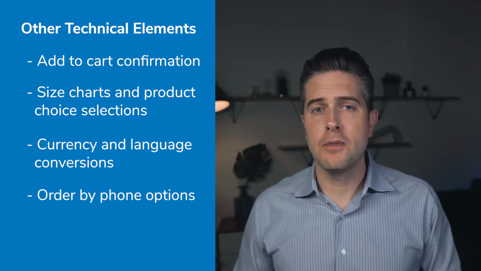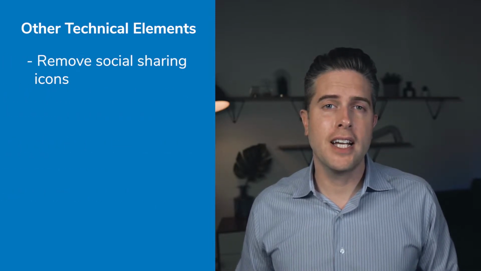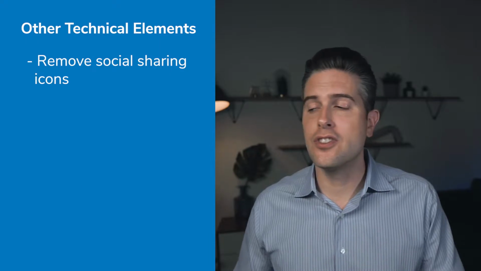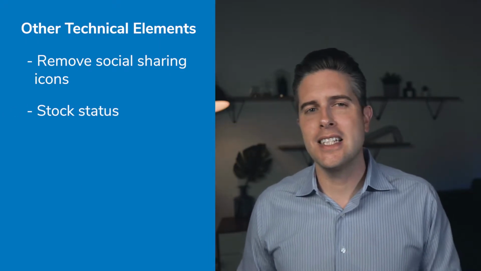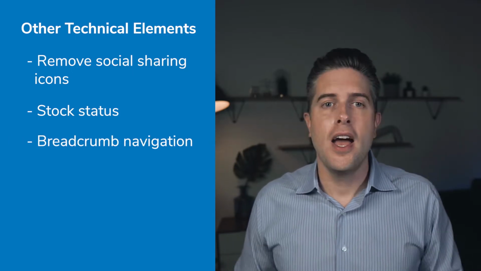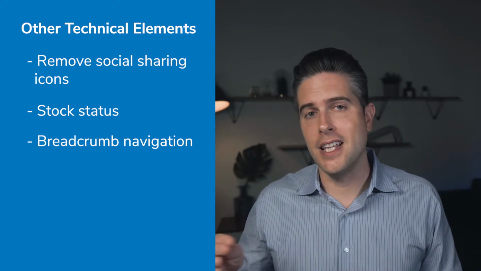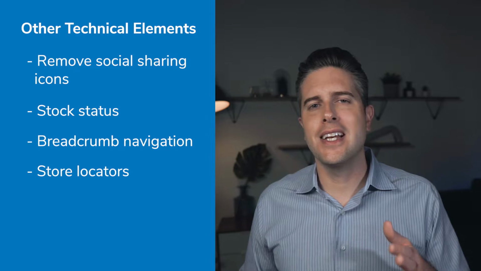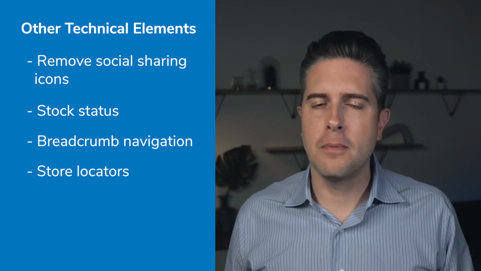Order by phone options can capture orders that would otherwise fail. And social sharing icons can be detrimental and distract the prospect, so I highly recommend removing them. Stock statuses let the customer know the item is in stock or not. And breadcrumb navigation helps the customer shop by providing that trail. And store locators acknowledge that some prospects will research online, but then want to purchase offline.